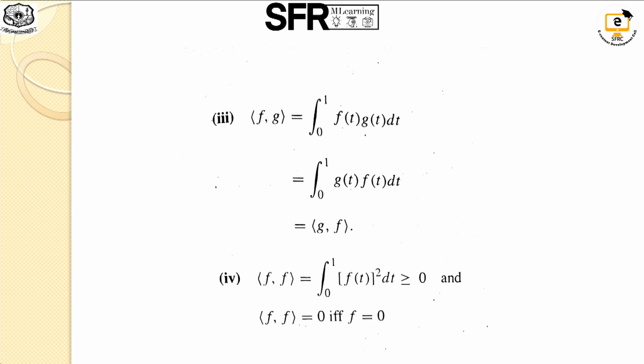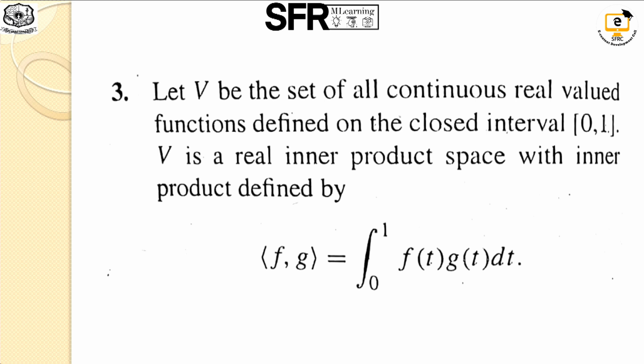Here the integrand is positive, so after substituting the limits, the answer must be greater than or equal to 0. Similarly, if the inner product is 0, that function must be the zero function. So by verifying all these axioms, we have proved that the set of all continuous real valued functions defined on the closed interval 0, 1 is an inner product space.